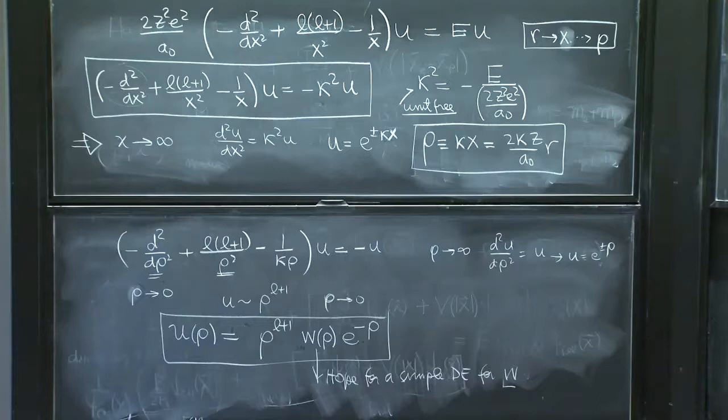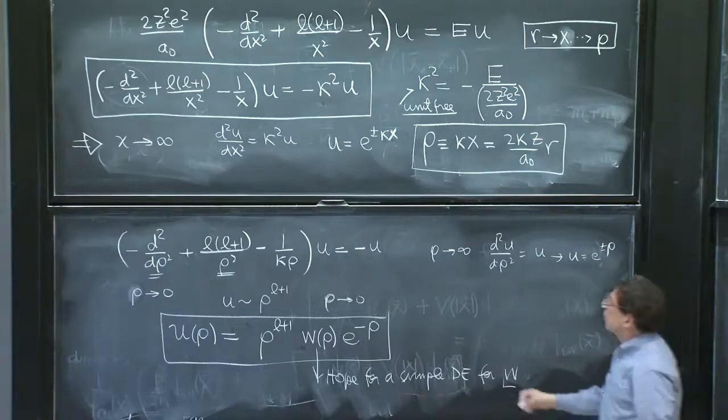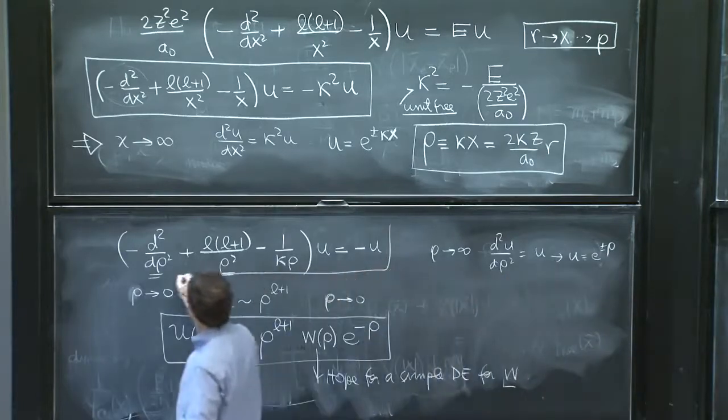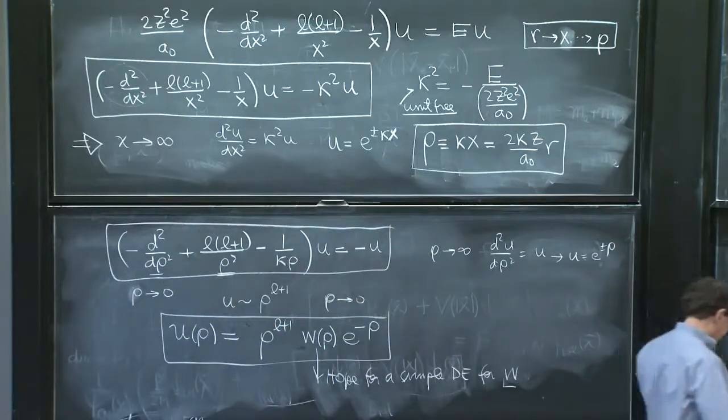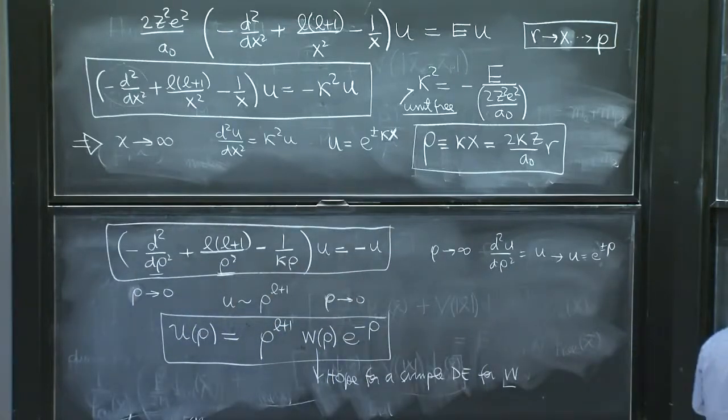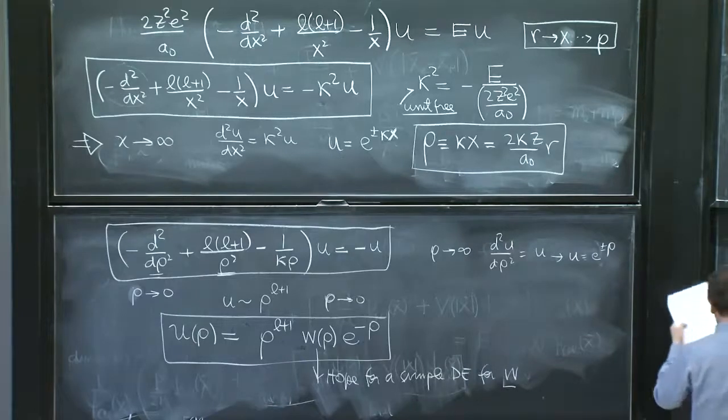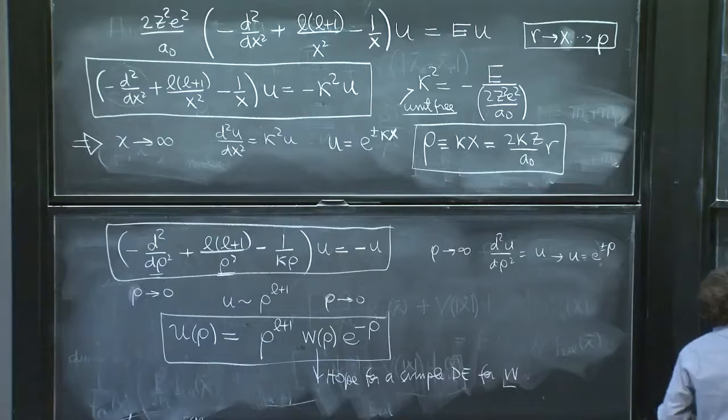Well, we can plug that ansatz into the differential equation that we already have and see what happens. And indeed, that's what we'll do. I'll skip the calculation. In my notes, it took me half a page. And I write big, so it's not too long. So what do we get?